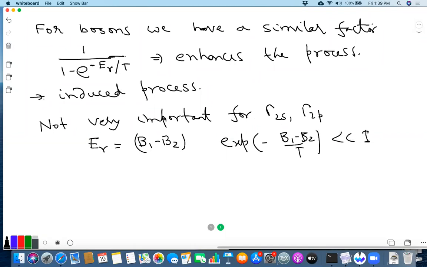So this factor can be ignored for gamma 2s and gamma 2p, but not for the e minus p capture, e minus p going to H plus gamma, because here it could land in a highly excited state of the hydrogen, and the corresponding gamma can have low energy. For this, the factor will be important, so we need to take it into account.